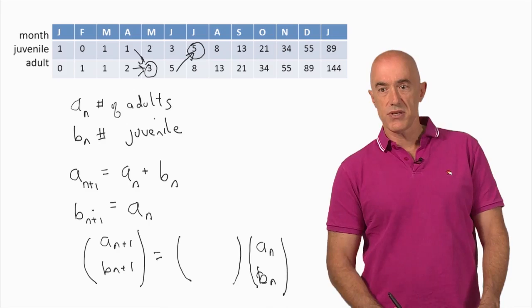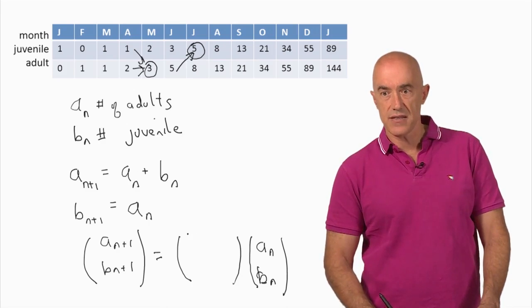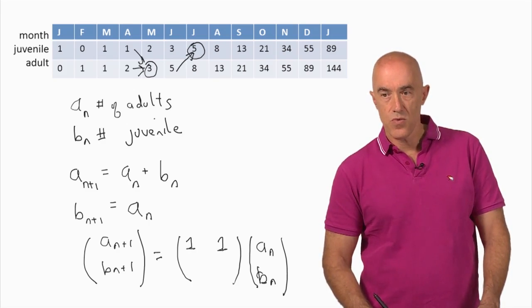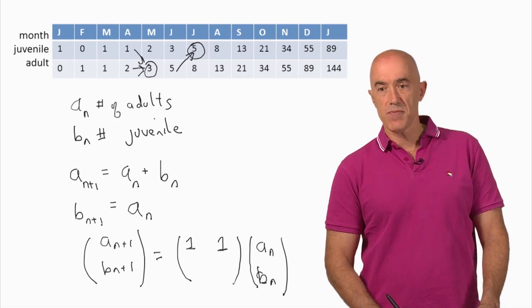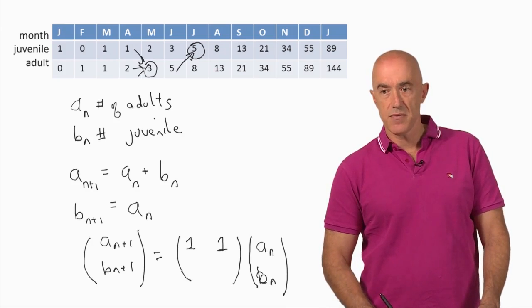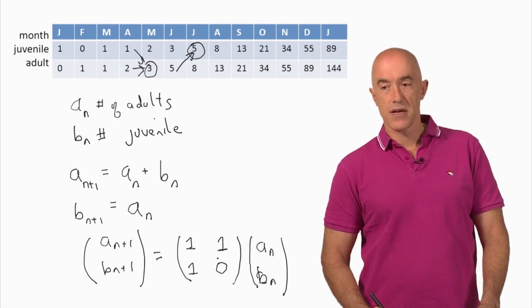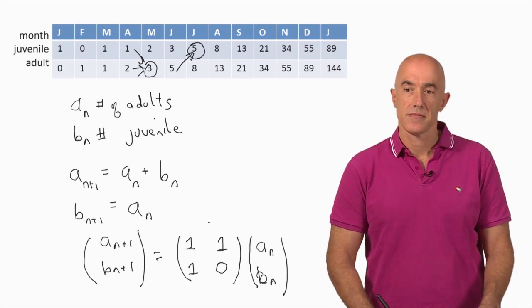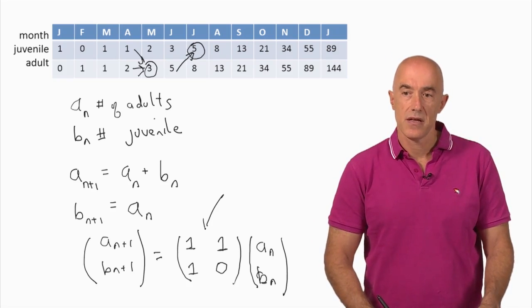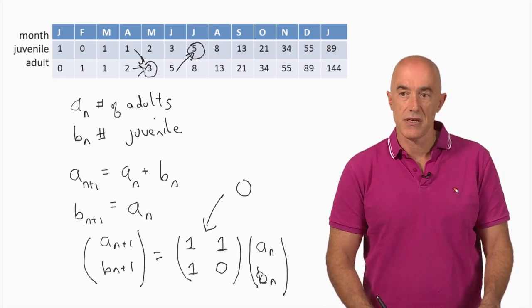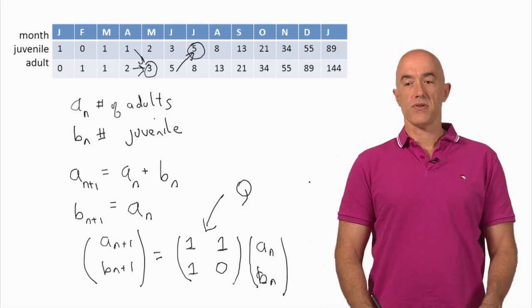So what is the relationship? A sub n plus 1 equals A sub n plus B sub n, so we have a 1, 1 here. And B sub n plus 1 equals A sub n, so we have a 1, 0. This matrix here is what's called the Fibonacci Q matrix.